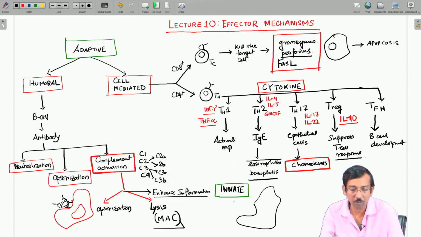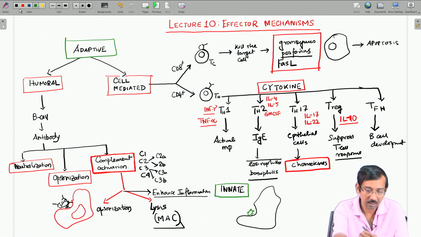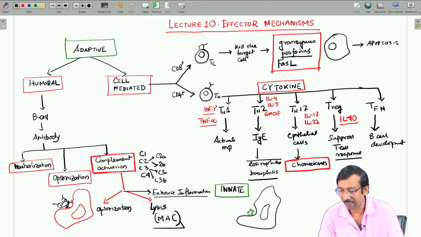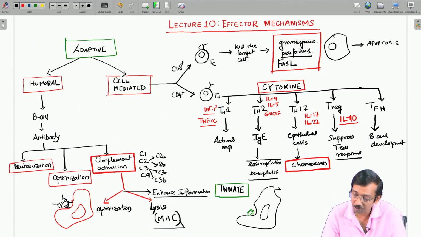For example, an activated macrophage which has phagocytosed a pathogen can also produce different types of cytokines.